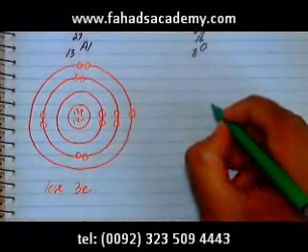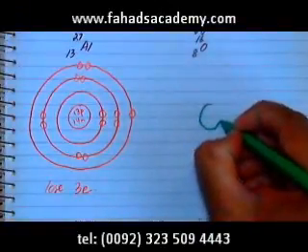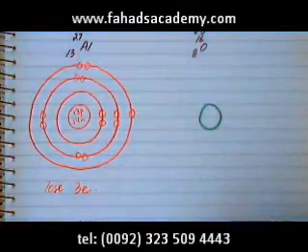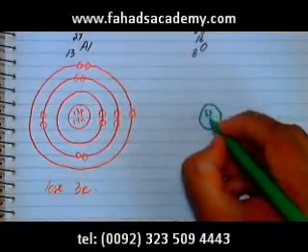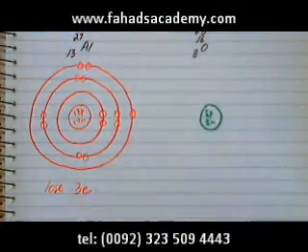And we're going to draw oxygen now. This is the nucleus of oxygen. It is going to have 8 protons and 8 neutrons, and there would be 8 electrons.